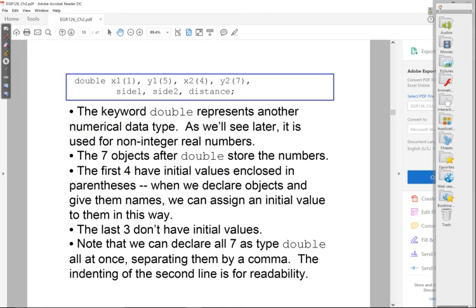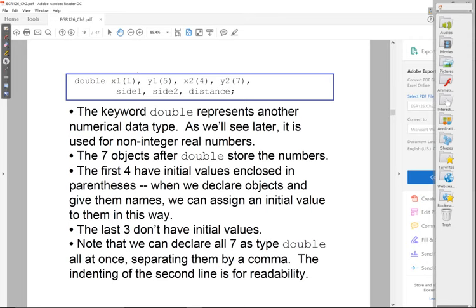So when you start writing a program, here's what you will need to do. You have to think ahead. You start thinking through exactly what your program is going to be doing, and then you have to start making a list for yourself of all the different data that you're going to be working with.